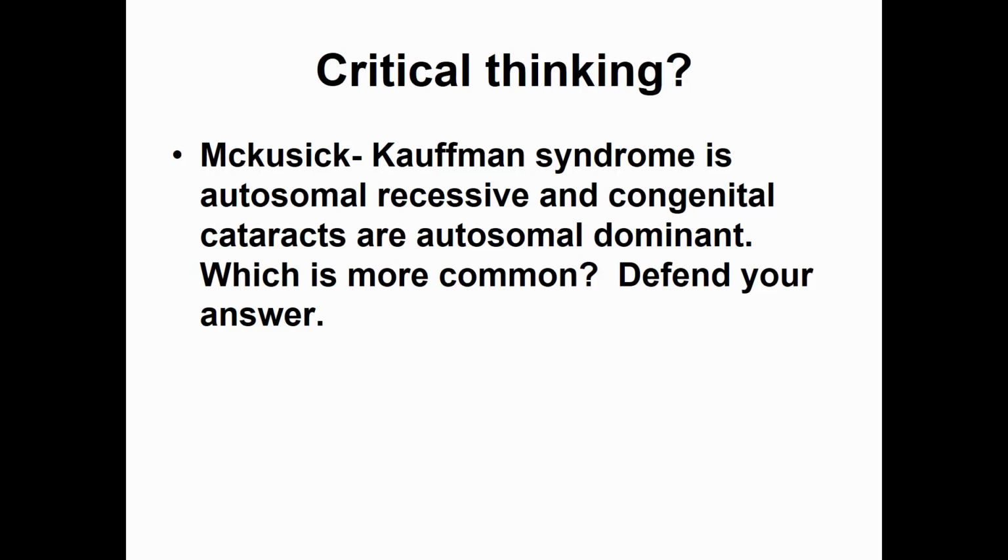So if you were to draw out a family pedigree, let's say there's a family with McKusick-Kaufman and another family with congenital cataracts, which family would have more occurrence of the disease? So this is something that I hope we can discuss in class, and I would like you to think about it and write some answers down on your own, and then we can continue this conversation in class.